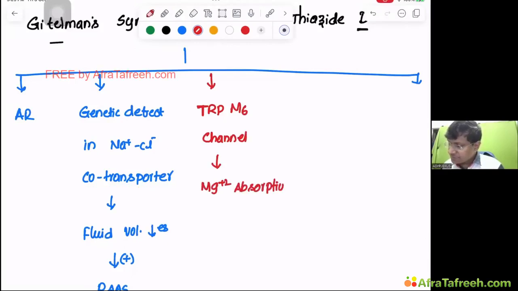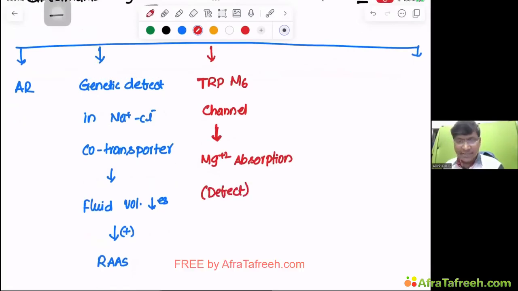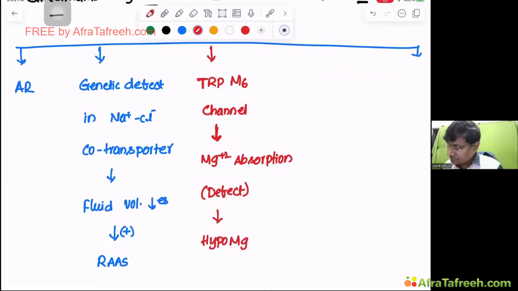Now, there is a defect in this TRPM6, so that will result in hypomagnesemia.